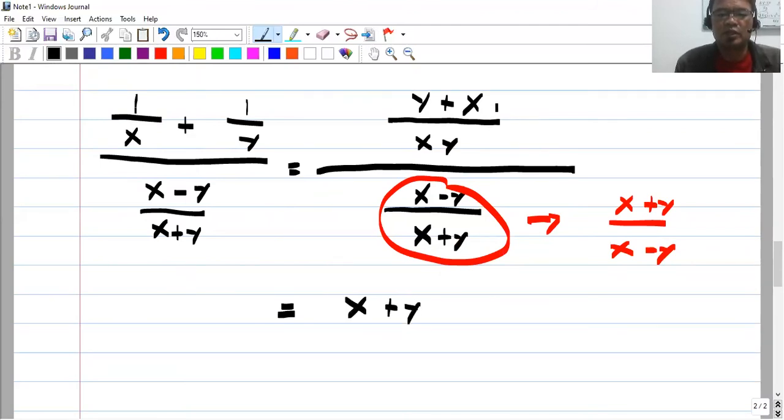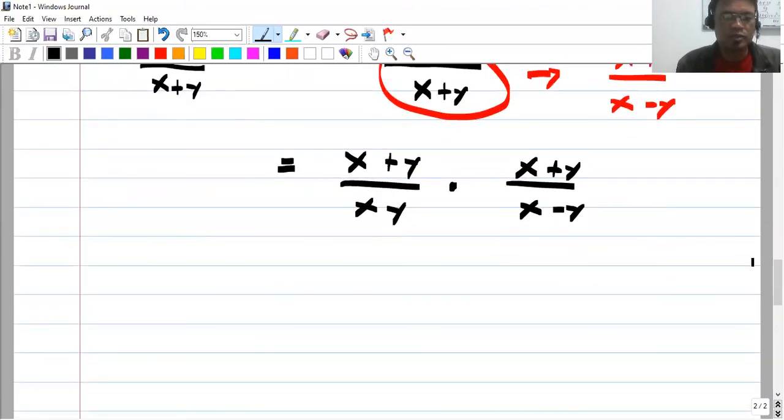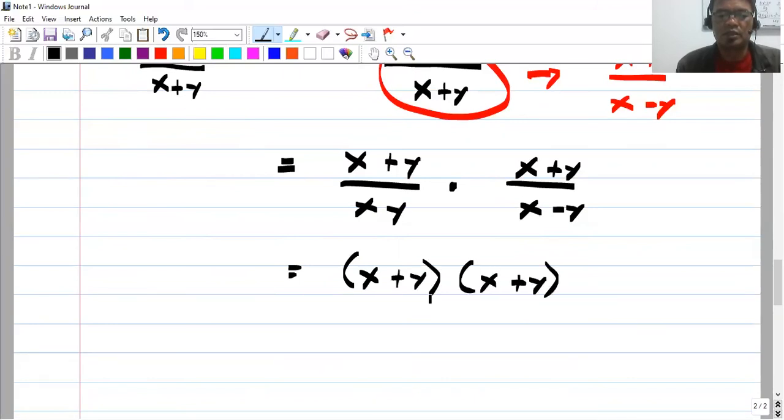Take note that y plus x can also be written as x plus y by the commutative property, all over xy times (x plus y) over (x minus y). So simplifying further, we have (x plus y) times (x plus y) all over xy times (x minus y).